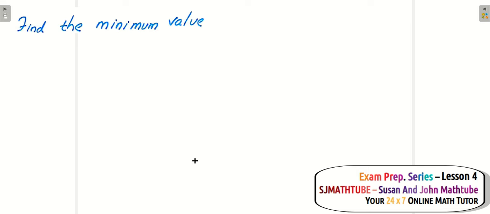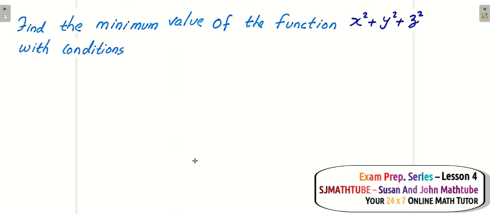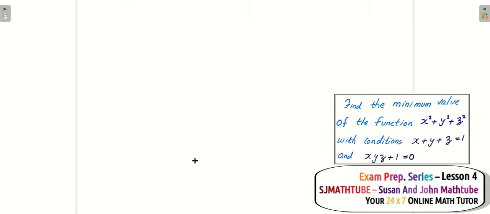So the question is, find the minimum value of the function x square plus y square plus z square with conditions. So again, it means there are two conditions. Okay, the conditions don't look that friendly, but let's try.